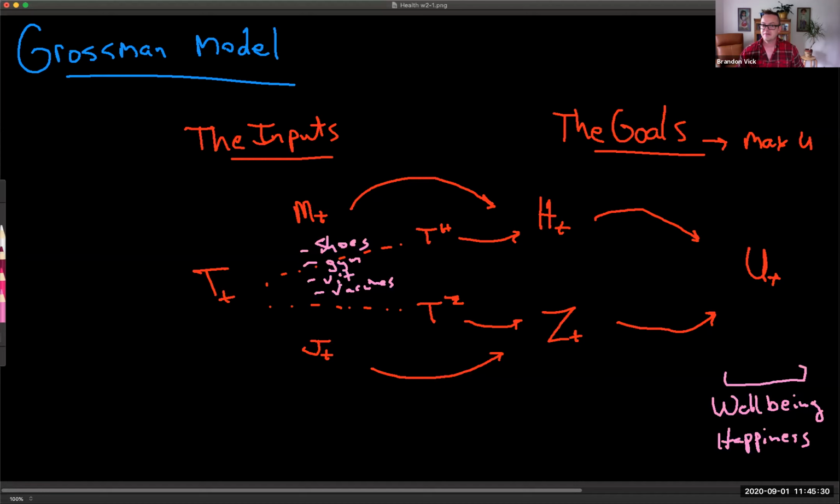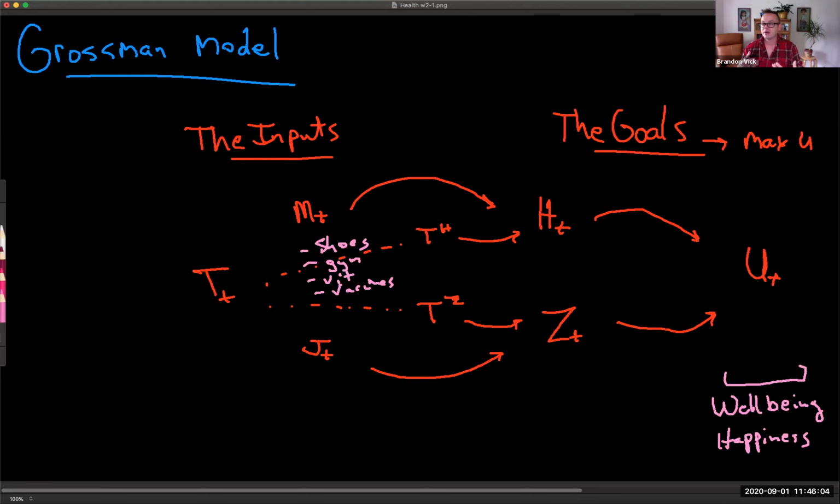Because it achieves good health, we have an impetus to demand and consume and buy health-related goods. Shoes, gyms, vitamins, health insurance. We have a demand for it. Thus, we go back into economic demand theory. Okay? And we have demand for other goods that do these things.